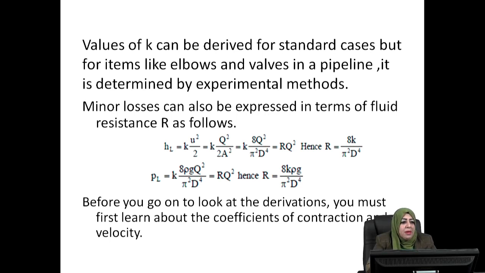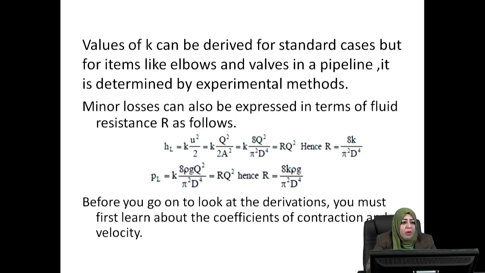Now P sub L equals K 8 rho g Q square divided by pi square D to the power 4, equals R Q square. Hence R equals 8 Q rho g divided by pi square D to the power 4.